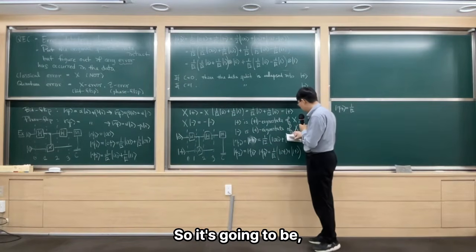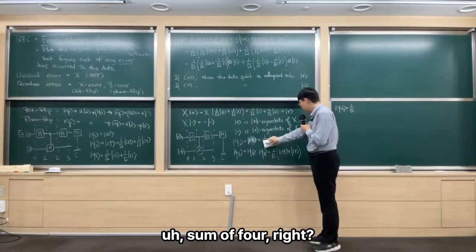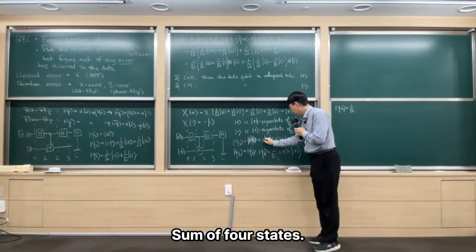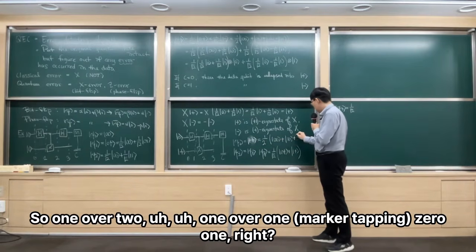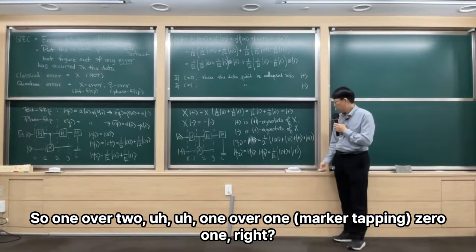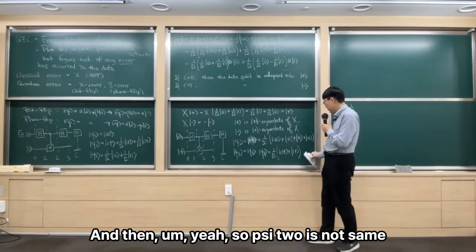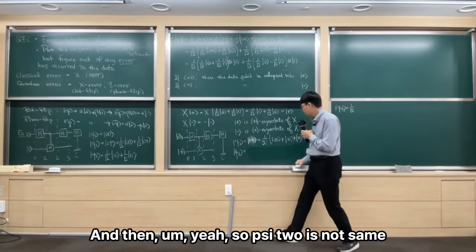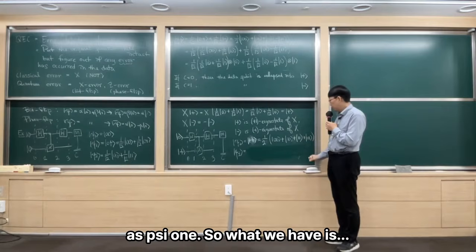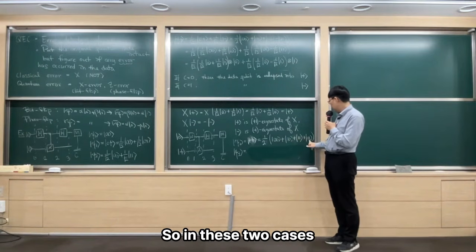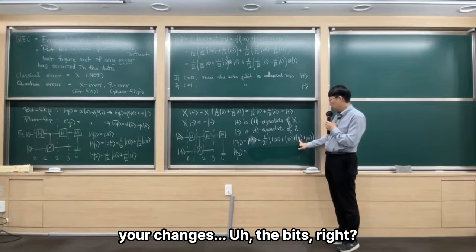So it's going to be a sum of 4 states. So 1 over 2, 0 0, 0 1, 1 0, 1 1, right? And then psi 2 is not the same as psi 1. In these two cases, you change the bits.